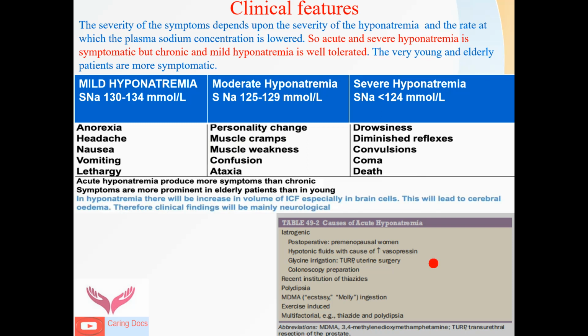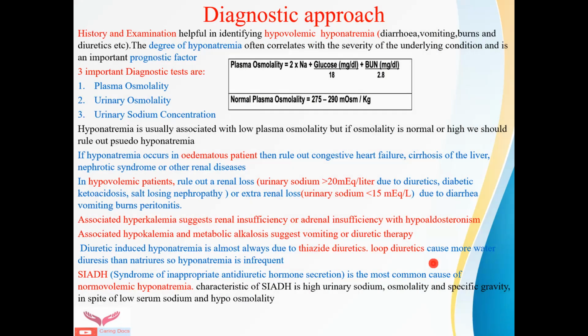These are the iatrogenic causes which lead to acute hyponatremia. Patients who are started on thiazides, patients who have psychogenic polydipsia, meaning they excessively drink water, patients who take MDMA, or ecstasy, and exercise-induced. There are multiple causes which lead to acute hyponatremia.